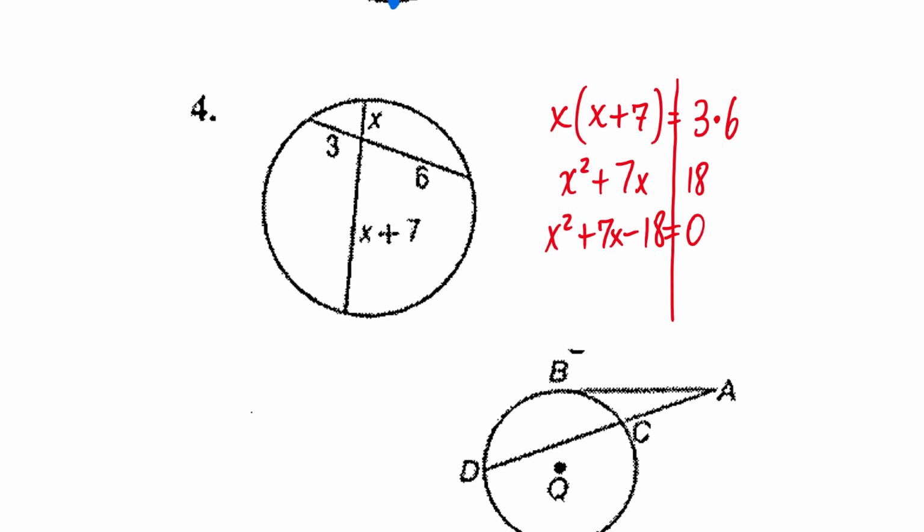As always, there's a lot of ways to do this, but the easiest way for me on this is just to graph it. So let's plug that in our calculator.